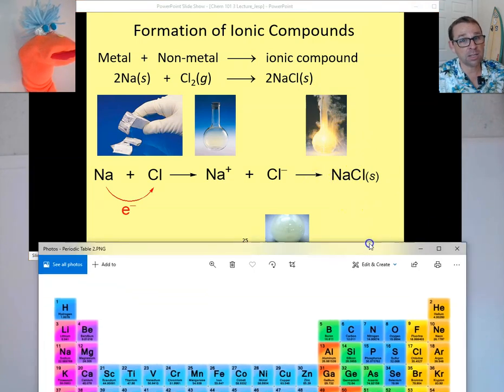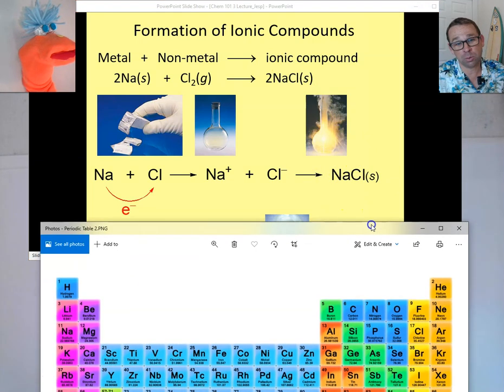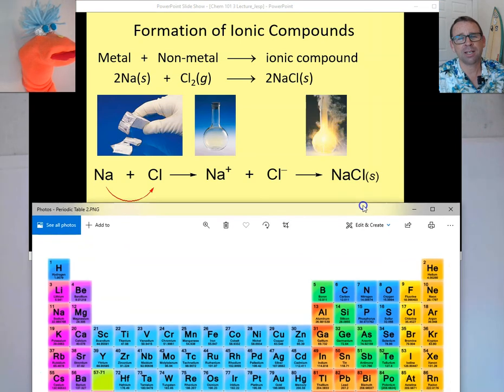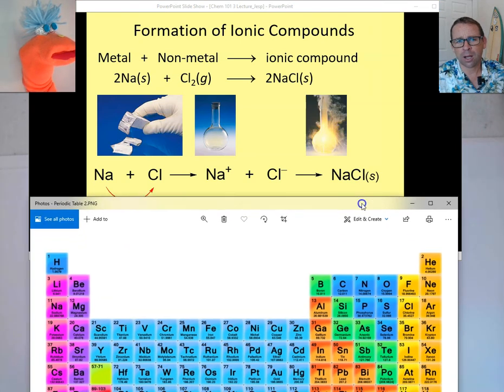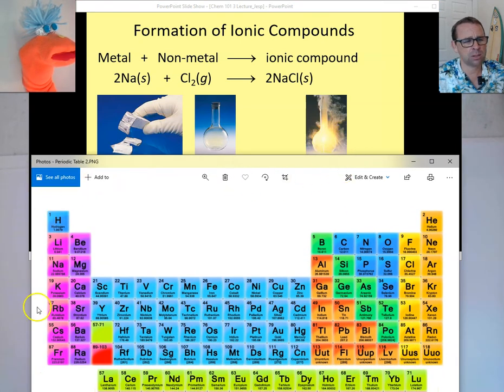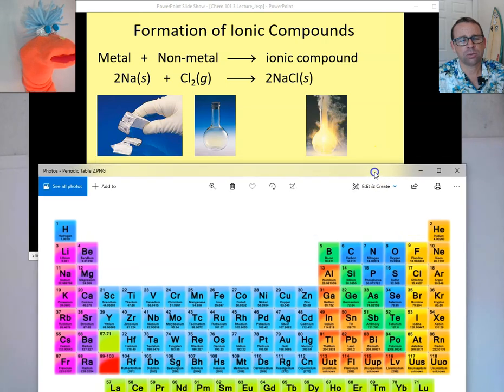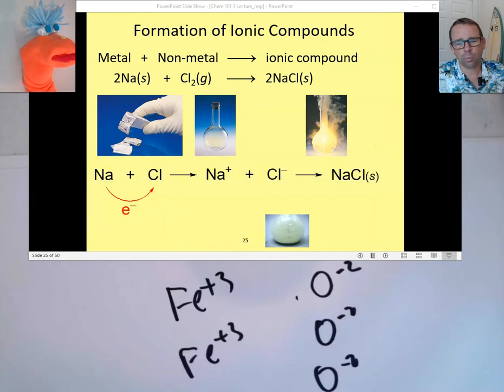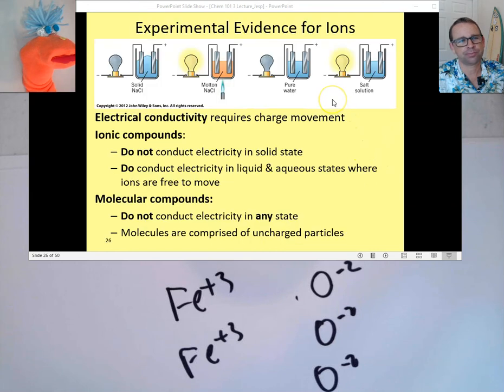Now it is a salt, and you might think of it as the salt, but in chemistry, any ionic compound, any metal combining with a nonmetal, forming an ionic compound, is called a salt. All right? So we don't want to think of sodium chloride as the only salt. All right. Good.